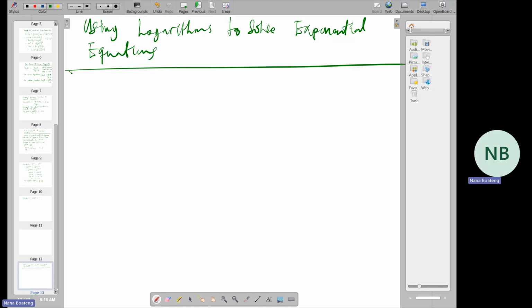The steps to using logarithms to solve an exponential equation involve, first, we have to isolate the exponential expression. So let me write the steps down so we would remember. So one is isolate the exponential expression.